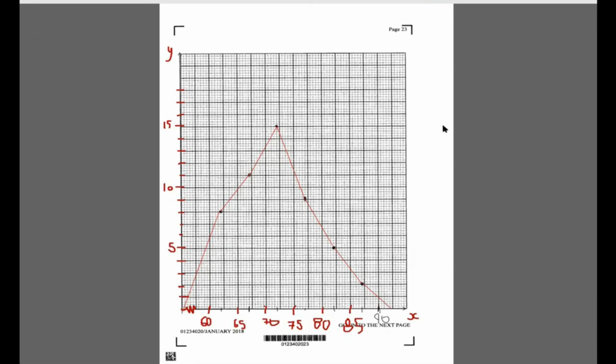That's our frequency polygon. Nice and easy, and we're done. It looks really nice now.